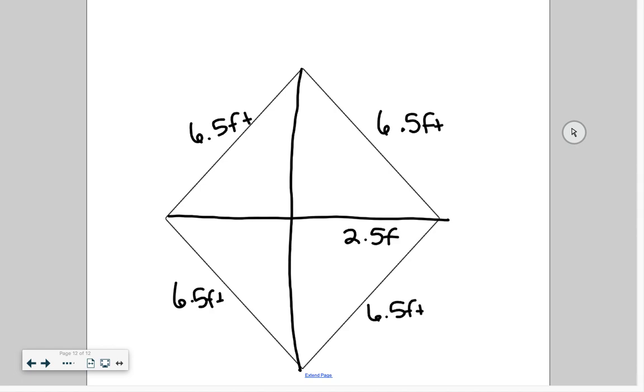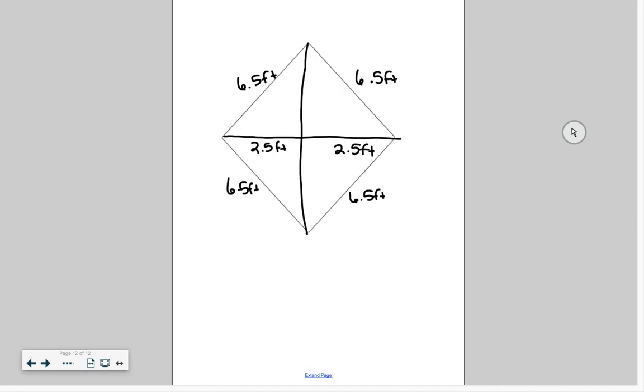But that also means that if this section of the diagonal is 2.5 feet, that means this section is 2.5 feet. So this is another one of those problems where they don't give you exactly what you need in the problem. You have to kind of take it a step further before you can solve.